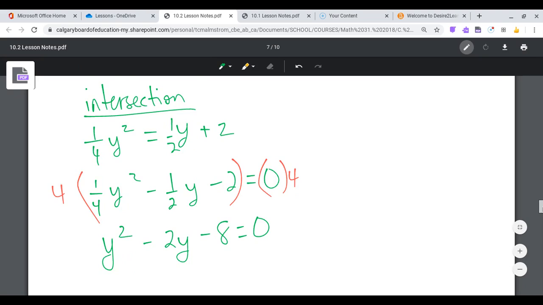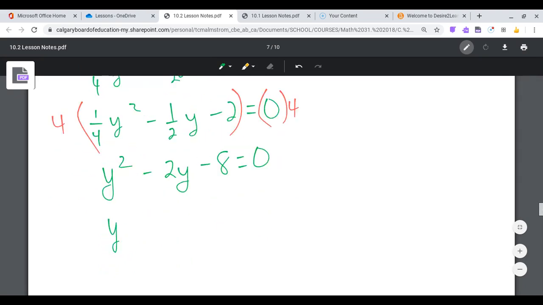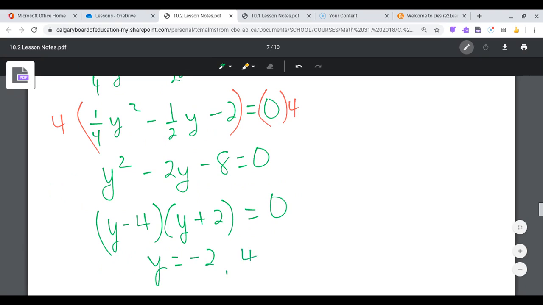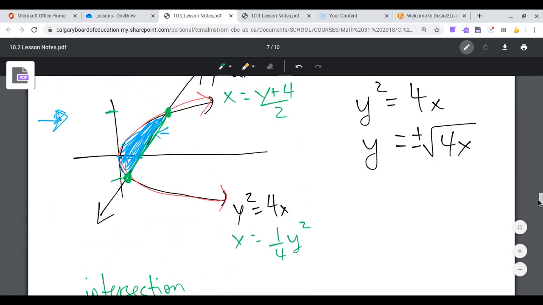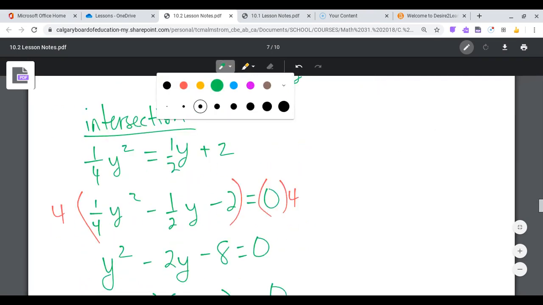That leaves me with the intersections as y minus 4, y plus 2, the factors. So the intersections are happening at -2 and 4 for my y values. So back here, this is going from -2 to 4.